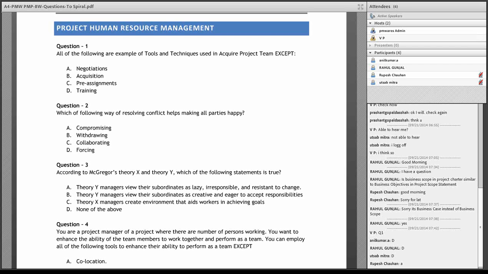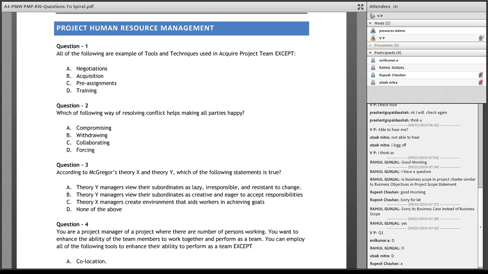Okay. So first question is, all the following are examples of tools and techniques used in acquire project team except. I think it is important to read the "except" as well. What is not part of the acquire project team?